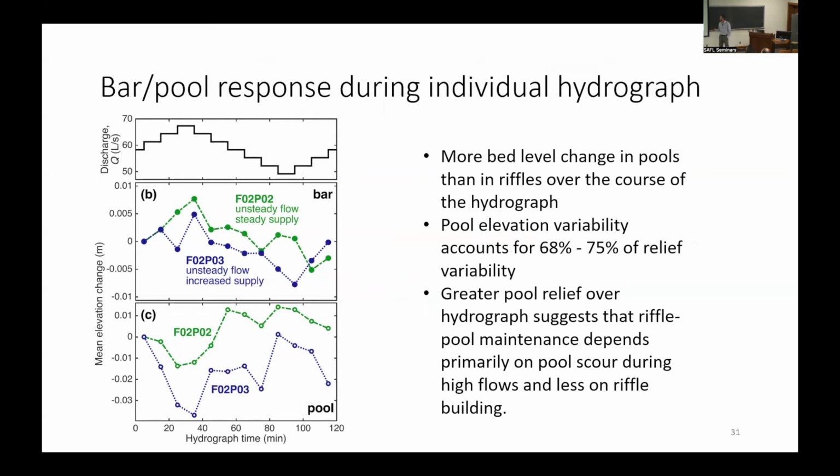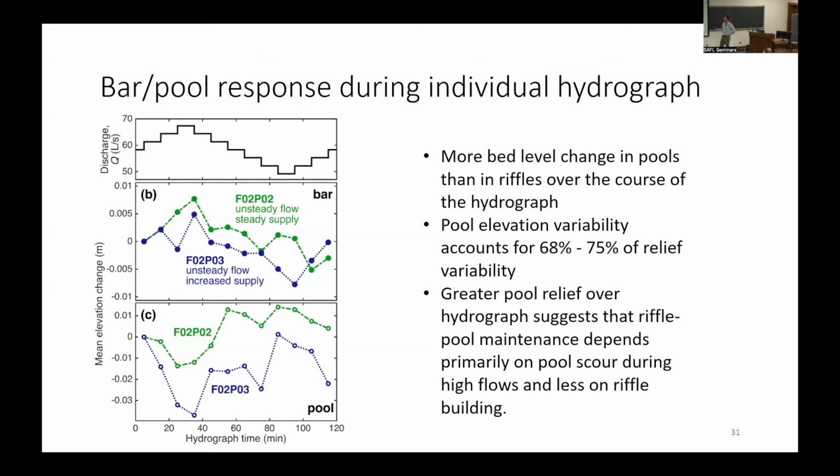We can also look at how these bars and pools respond to individual hydrographs to try and get at some of that variability that's built into those error bars that I was showing. This plot is showing the mean elevation change for the second and third phase for bars and pools separated out, during the course of a hydrograph.